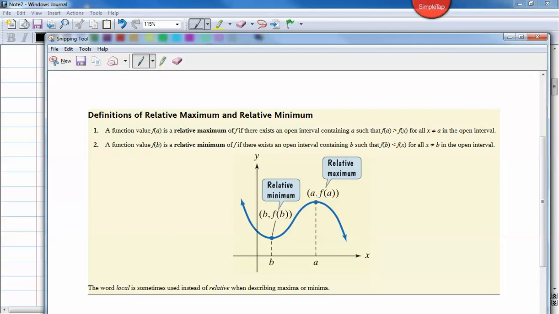So just like you would think maximum means biggest, a relative maximum is a high point. Minimum means smallest. A relative minimum is a low point. Okay?